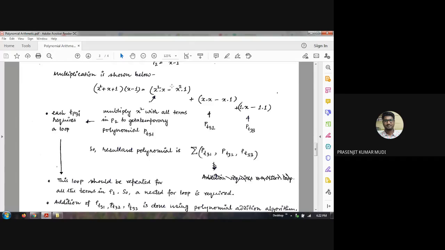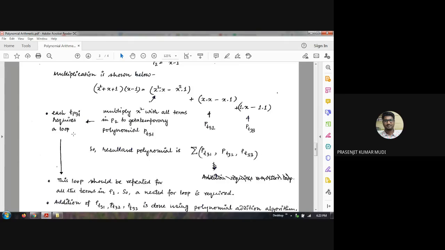That means repeatedly you are performing multiplications, so you require a loop to construct one such temporary polynomial. And what is that one temporary polynomial? It's nothing but a single term of the resultant polynomial: T31, T32, T33, and so on. So each term of the resultant requires a loop.